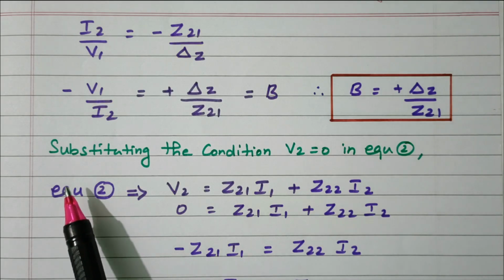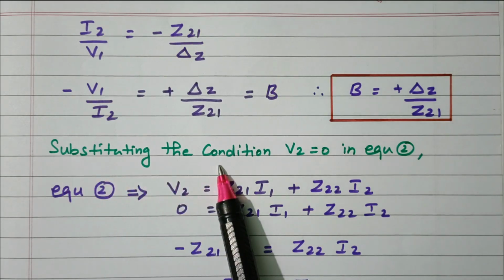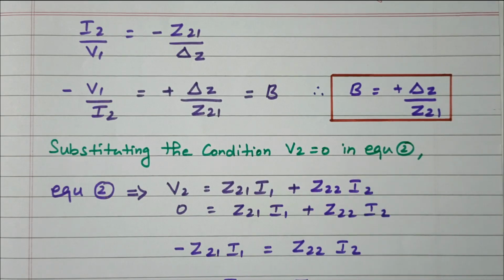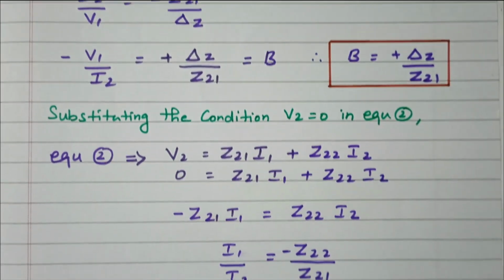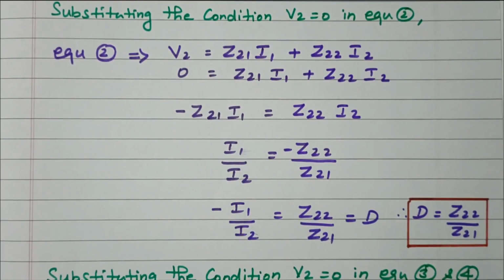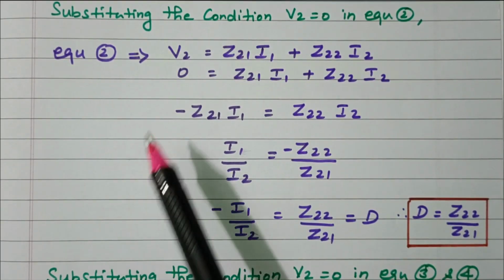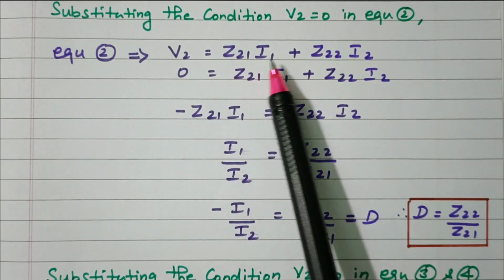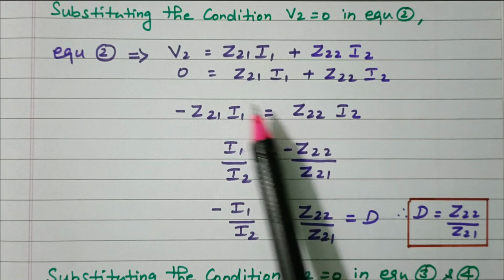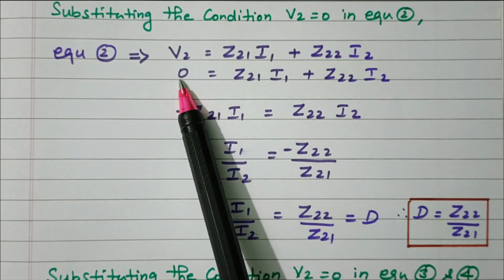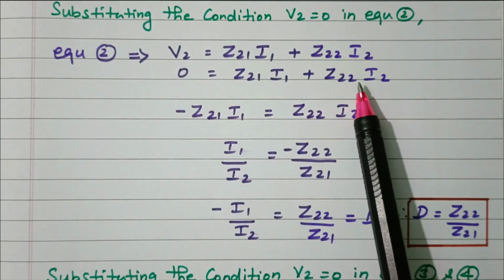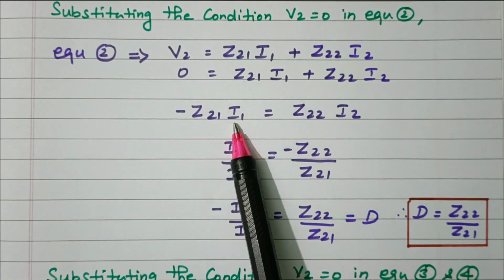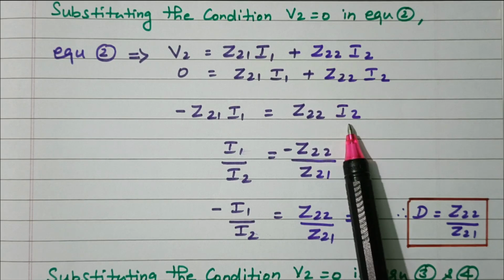Another parameter we need is D. Substituting the condition V2 equal to 0 in equation 2. Equation 2 is V2 equal to Z21 I1 plus Z22 I2. Here V2 is 0, so only these two terms are available. Bring this term to the other side: minus Z21 I1 equal to Z22 I2.